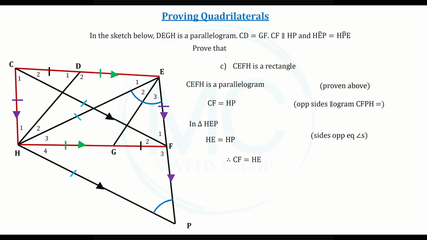CF and HE are the diagonals of parallelogram CEFH. So as our final answer, we can say that CEFH is a rectangle because it is a parallelogram with equal diagonals.